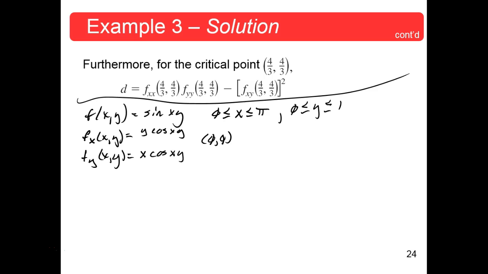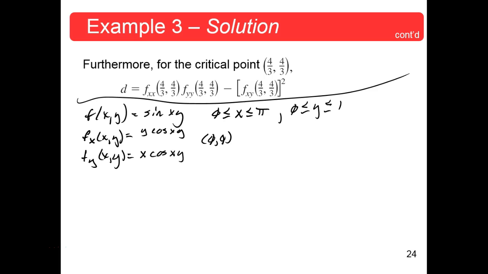Where is it 0? Sine is 0 at 0, pi, and 2 pi, all your integral multiples of pi.